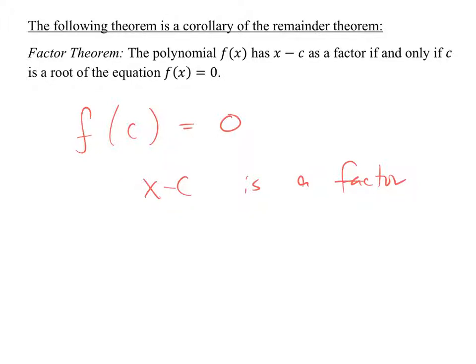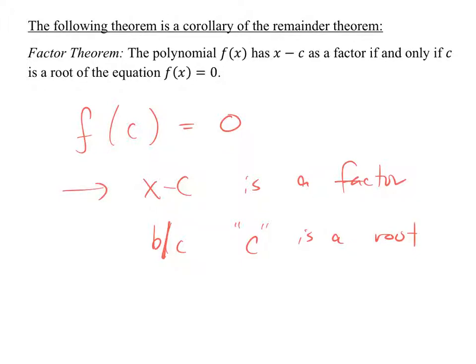If I plug in whatever that value is and get a 0 as a y-coordinate, say I plug in x and get 2 here for c, and I get 0 out for y, it simply means that whatever that c was, x minus c is a factor. And that's true because c is a root.